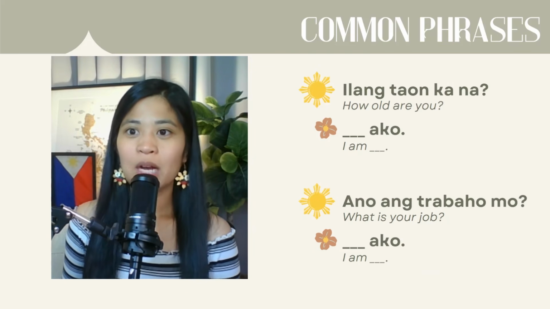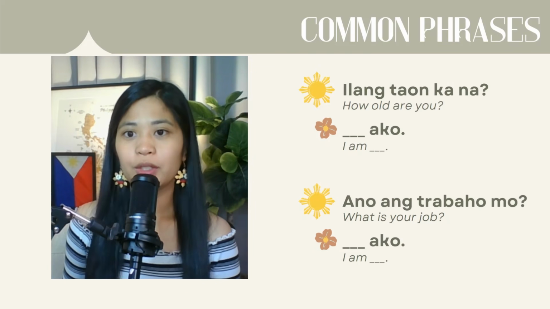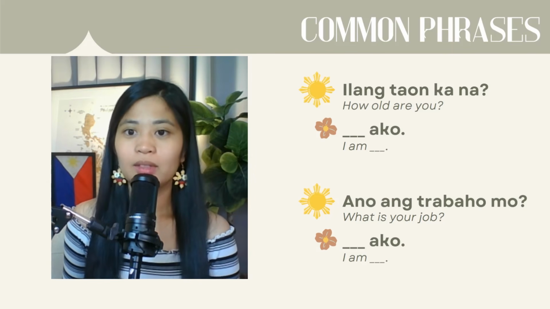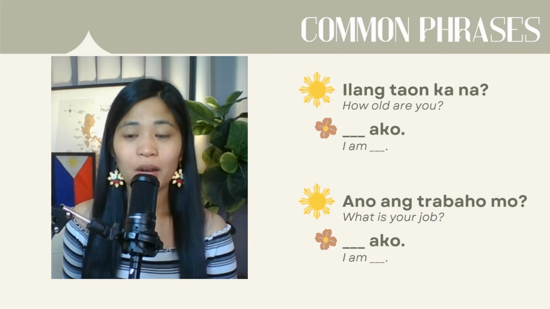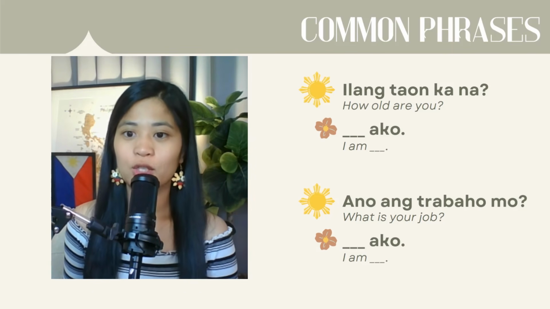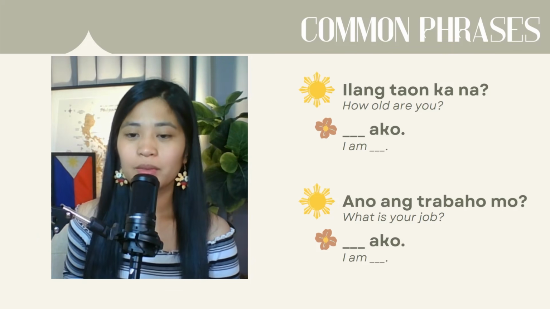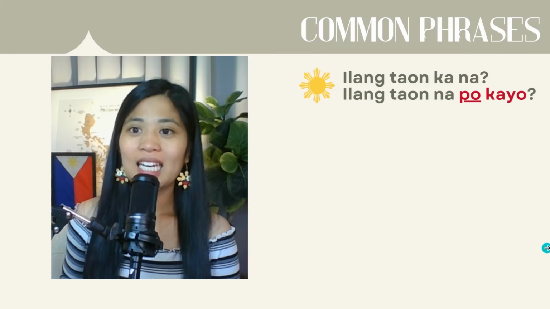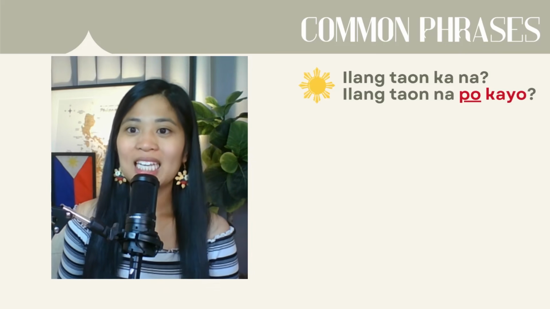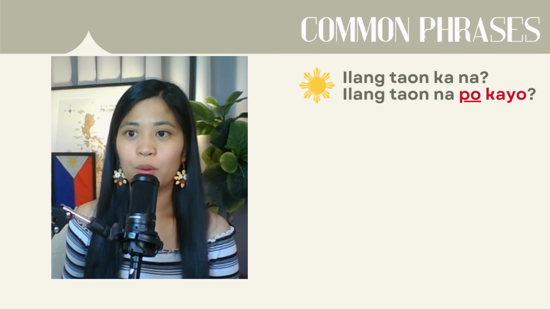Alrighty. Ilang taon ka na means how old are you? 30 ako. I am 30. Ano ang trabaho mo? What is your job? Nurse ako. I am a nurse. Let's see where po would go in these phrases. Ilang taon ka na becomes ilang taon na po kayo?